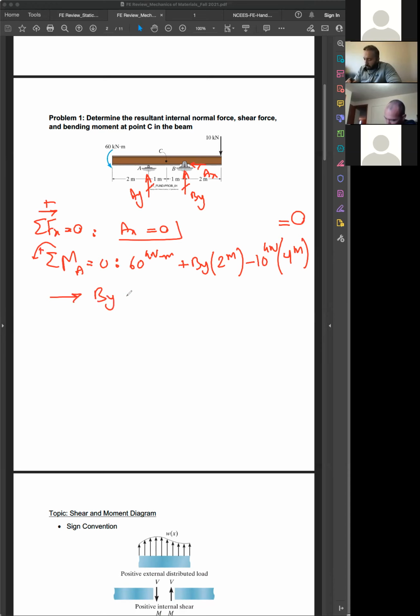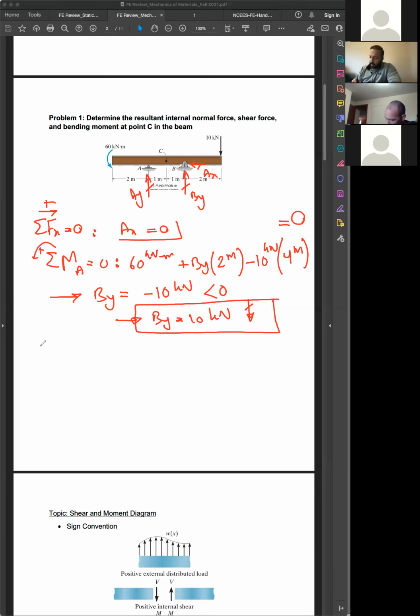From this, By would be 60 minus 40 over 2, which would be 10. But it is negative 10 kilonewton, so it is less than 0. It tells you the By really is 10 kilonewton, but the direction would be opposite of your assumption, so it would be a downward force.